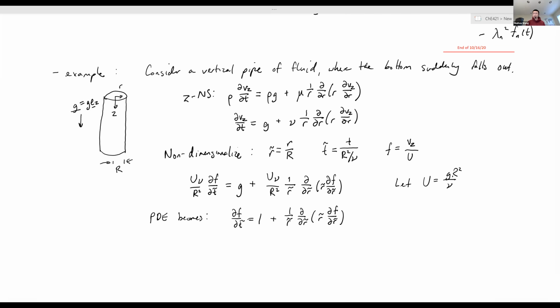And then, of course, our final solution is going to look like something, something, something, but then it's going to be multiplied by gr squared over nu, or it can be multiplied by u, but again, u is just equal to gr squared over nu.